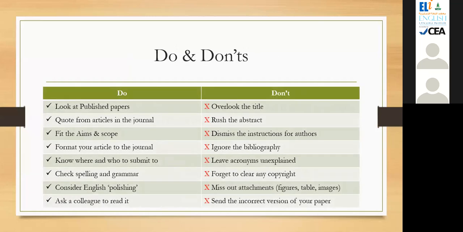Okay, so this is actually very important, I think, the do's and the don'ts list. Okay, so look at the published papers. Let's say you chose a particular journal, you checked that it is not predatory. You looked for an impact factor.